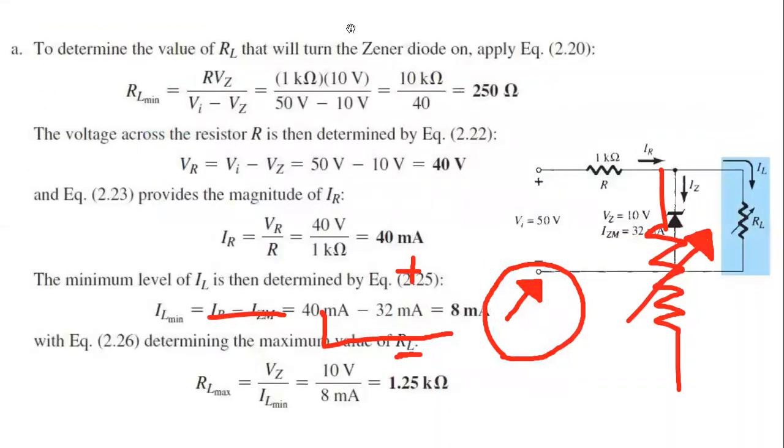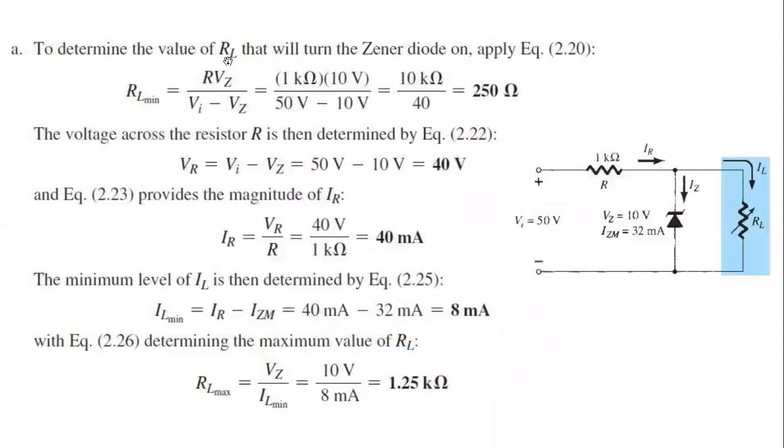Let me clear all. So in the voltage divider rule, we all know that VL equals RL divided by R plus RL times VI, the input voltage.